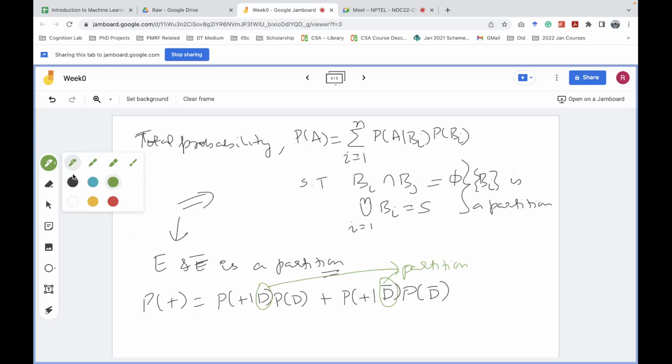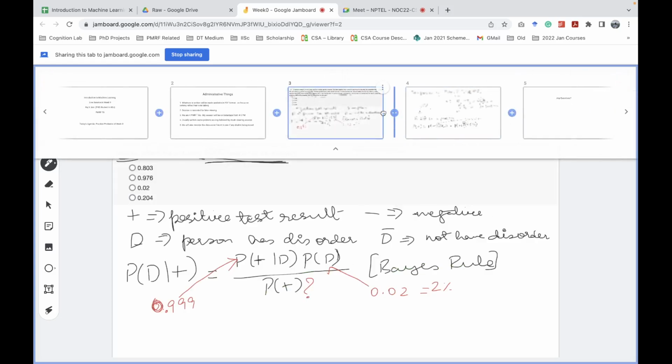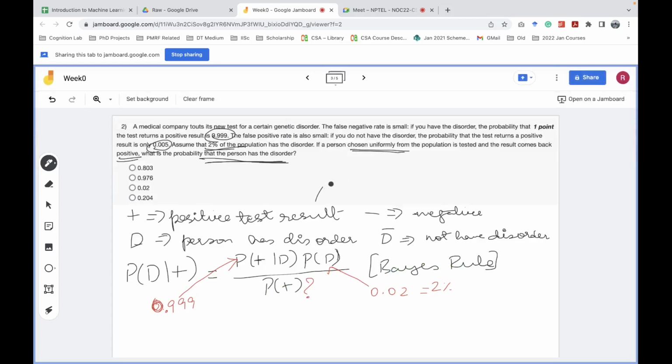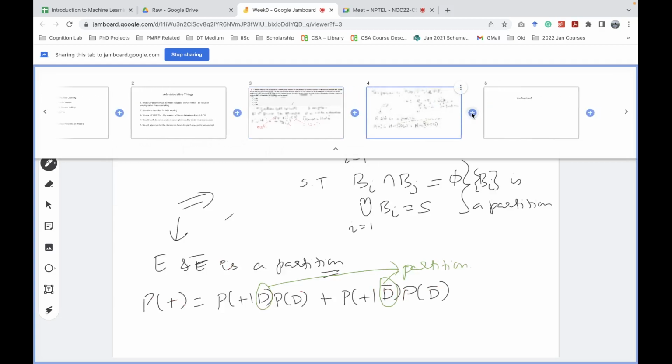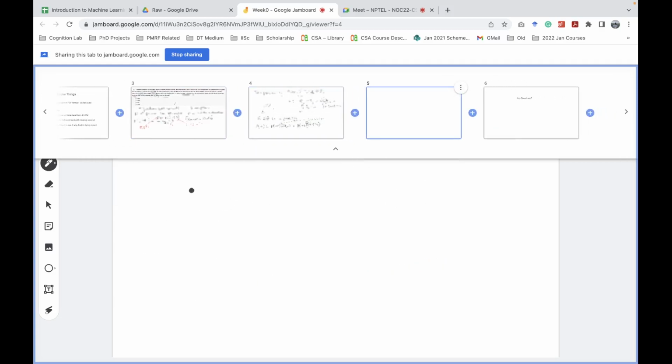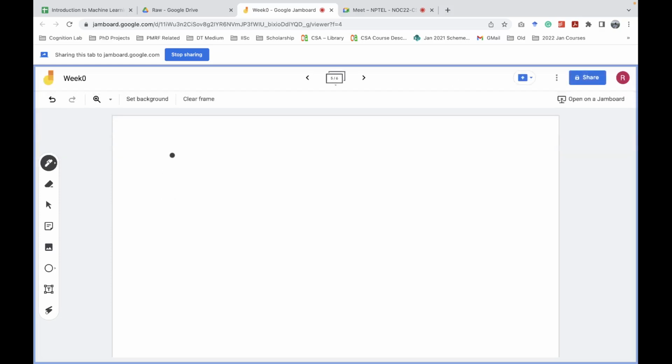Now with this in mind, if we plug that in here, we wanted probability of D given plus.